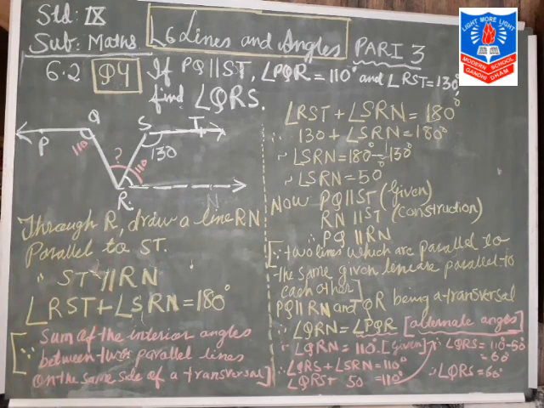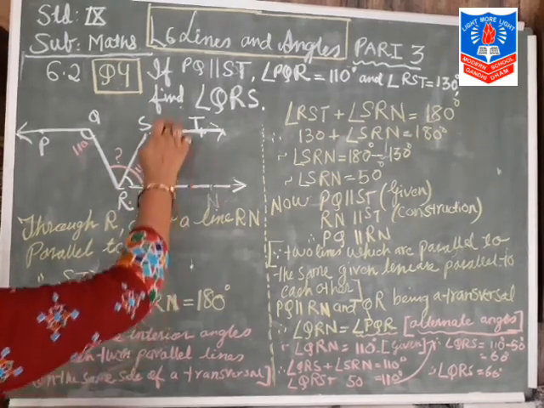So now, first of all, we will go again. Through R, draw a line RN parallel to ST. Both are parallel.